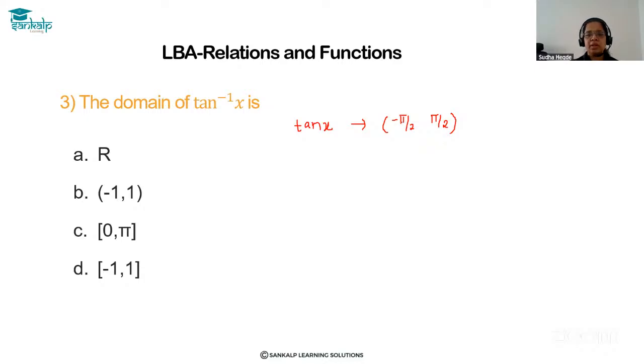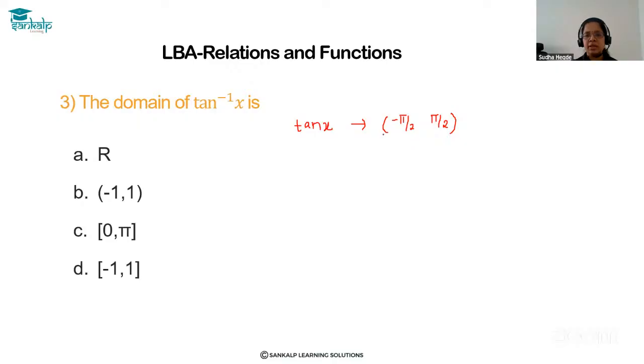We are not taking pi by 2 and minus pi by 2 because tan of pi by 2 is sin pi by 2 by cos pi by 2. Sin pi by 2 is 1. Cos pi by 2 is 0. It is not defined.